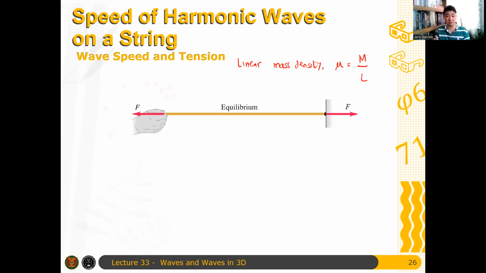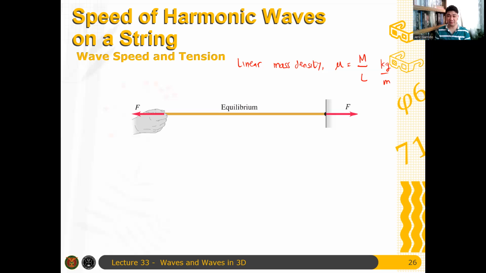We are assuming that the string is uniform, kasi pwede namang mag-iba-iba yung density niyan. The notion of density is not just on volumes, pwede namang lines or areas yan. Like for example here, you have a linear mass density, mass per length ang units yan. So the SI unit there is kilogram per meter. Okay, so that's one of the units that we'll be considering.